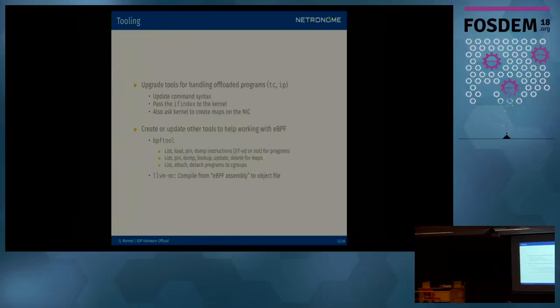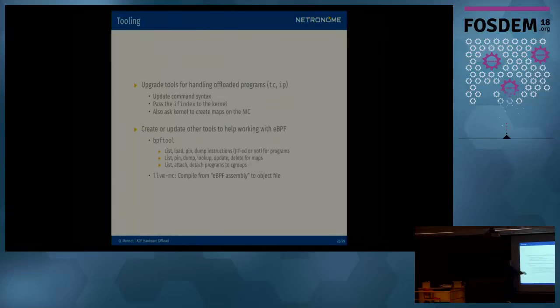We also have to make them ask the kernel to create the BPF maps on the device itself, for offloading programs using maps. And we also had to create or update some other tools used with BPF.